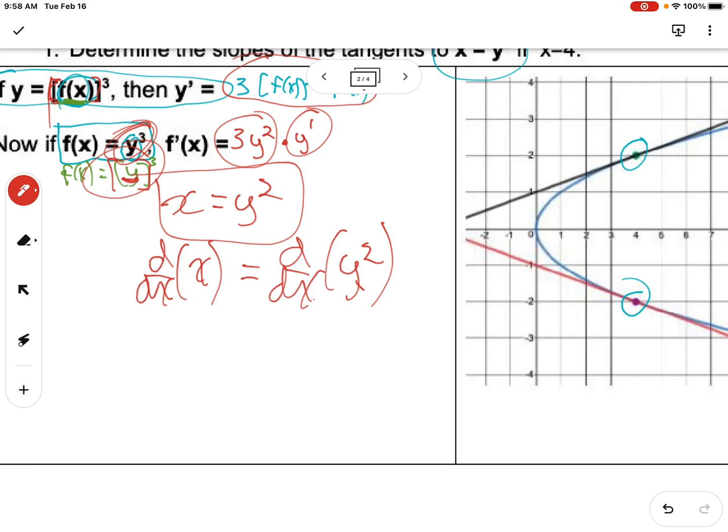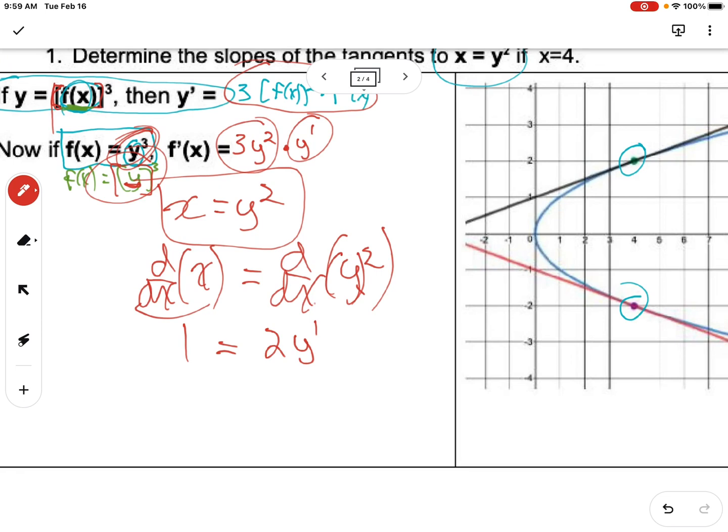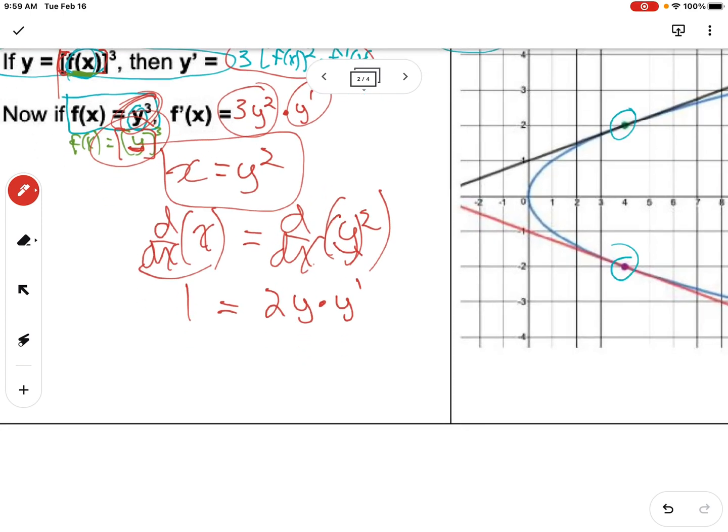I'm getting slope, dy over dx. So d by dx of x is 1, but this, remember, I have to use the chain rule. So the outside derivative is 2y to the 1 multiplied by, ooh, that looks like a prime, doesn't it? So I'm actually going to get rid of that. It's going to be 2y multiplied by the inside derivative, which is just y prime. Okay, so 2y y prime.